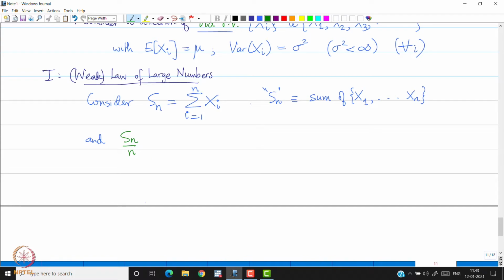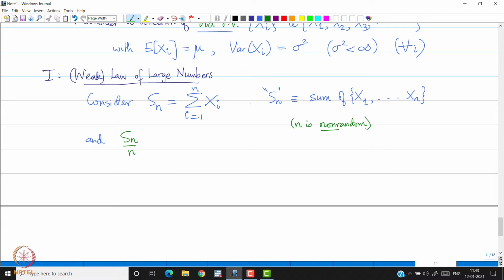So here all I am doing is dividing this Sn by the number small n, which is some deterministic quantity. Small n is entirely under my control. I can choose to take 10 of them, I can choose to take 100 of them, I can choose to take 1000 of them. N will of course be large in our application, but there is nothing random about the small n. This n is a fixed quantity, n is non-random.